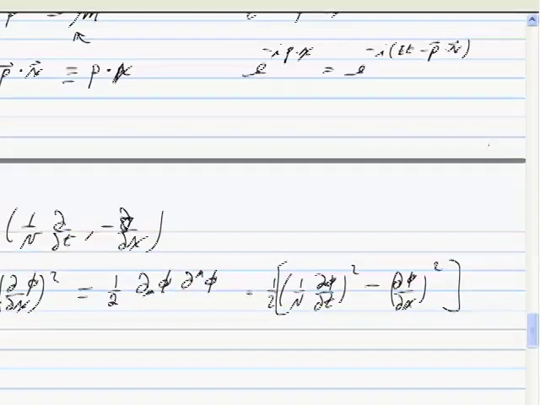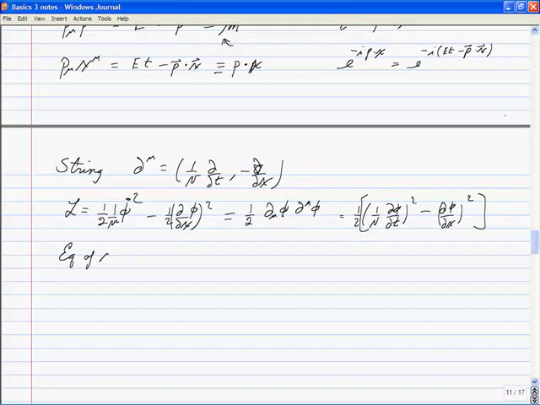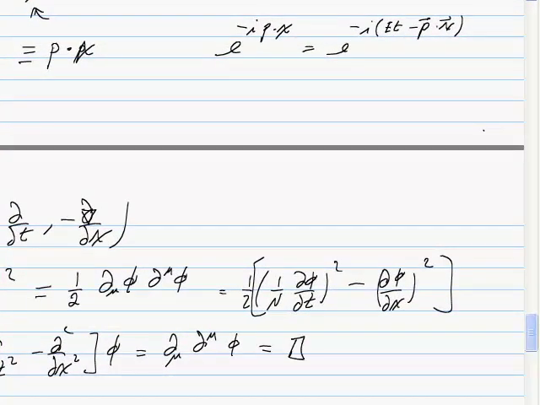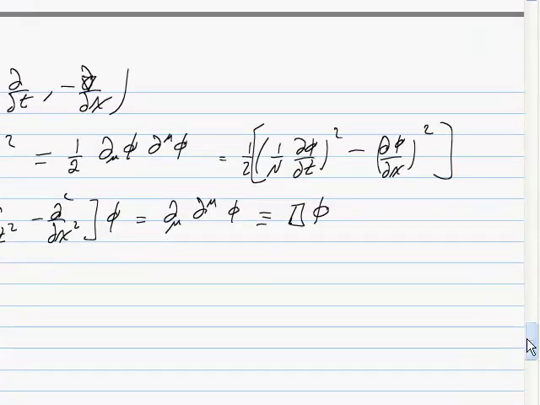The equations of motion were 1 over v squared second derivative with respect to t squared minus d by dx squared on phi, which in this notation is d mu d mu on phi, which is abbreviated box phi. Okay, so there's the string in this compact notation.